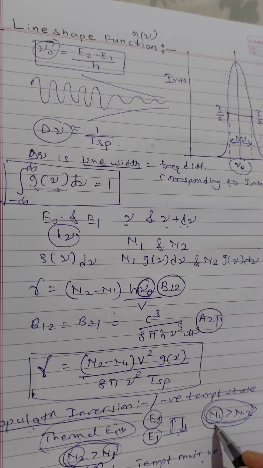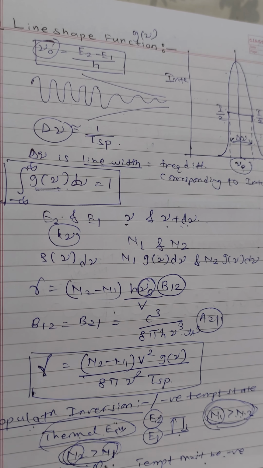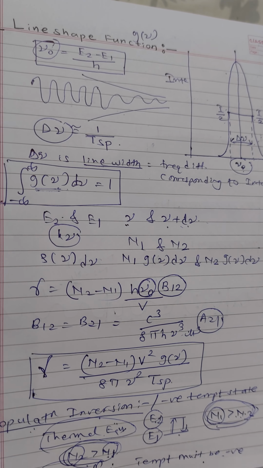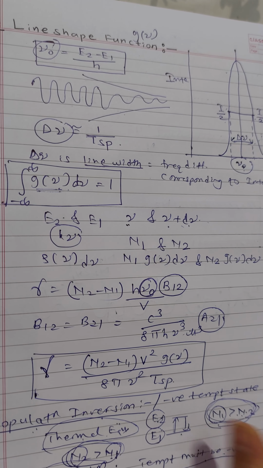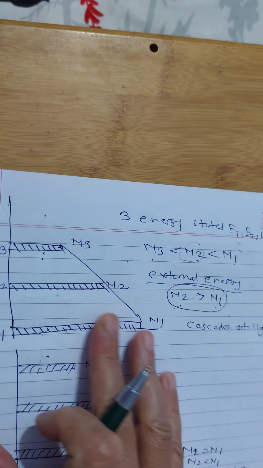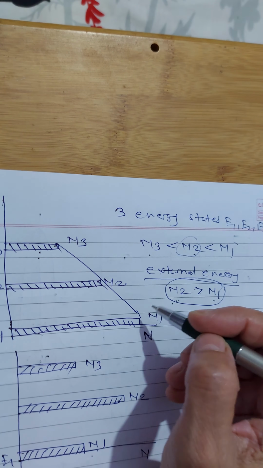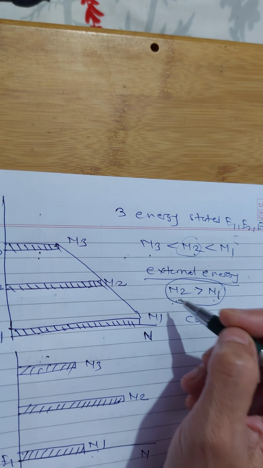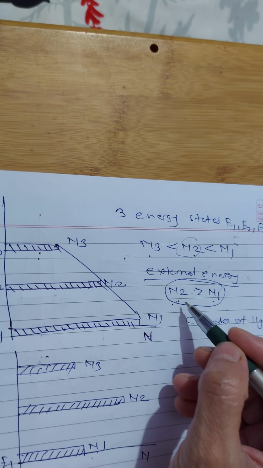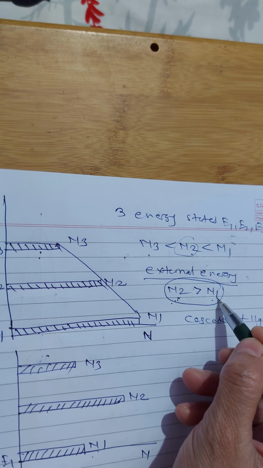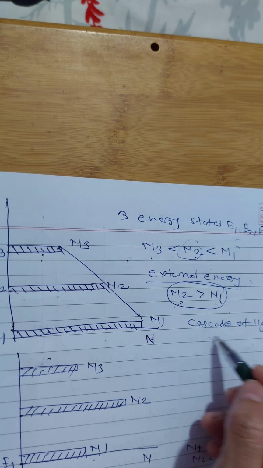Usually you get this, but to achieve N2 greater than N1, that is a non-equilibrium state, is possible only when you have the temperature to be negative. Initially this is the normal case, but we do not want to keep on checking how much is absorption and how much is emission. We want to give energy and expect this to happen. So when N2 is greater than N1, definitely you will be able to see the cascade of light.